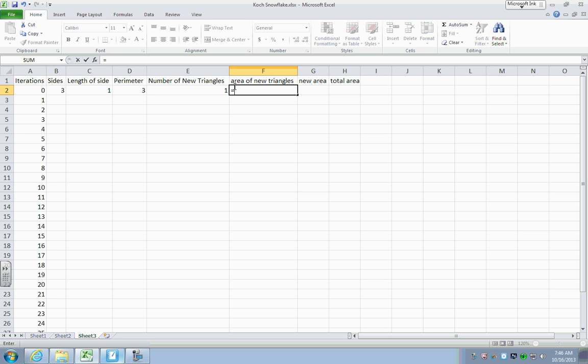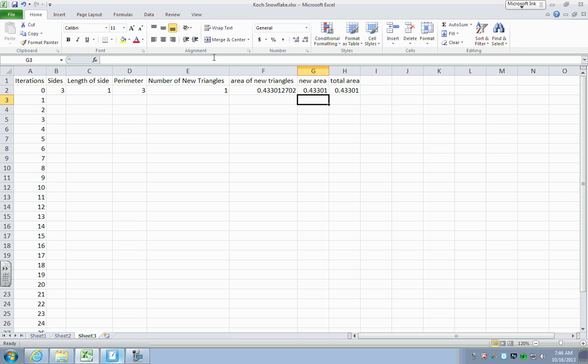Whoops, guess we need an equal sign with it if it's going to work. Square root of 3, make sure it gets closed up, divided by 4. Okay, new area is the same number. Total area is just going to be this cell right now.